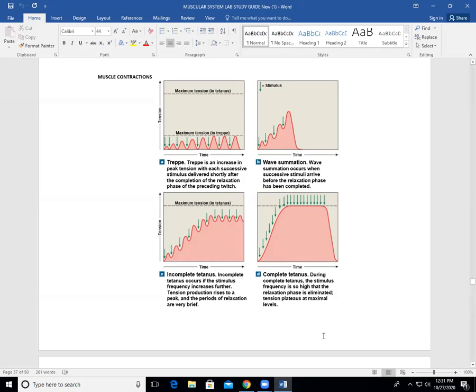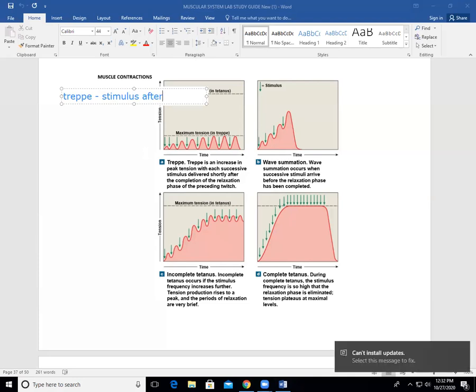Okay, so what I want you to make sure you know or get out of this one, so for Treppe, the stimulus comes after the relaxation phase is completed.